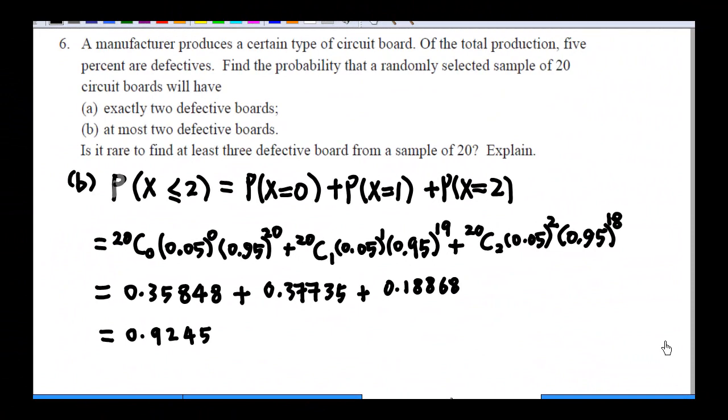Move on to part B now. What is the probability of at most 2 defective boards? That is, the probability of x less than or equal to 2, which is equal to the probability of x equal to 0 plus x equal to 1 plus x equal to 2.